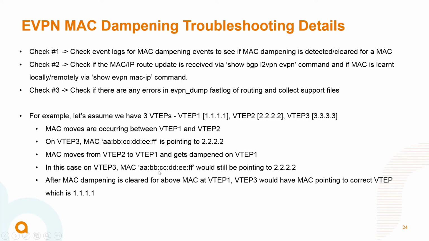On VTEP 3, this MAC would be pointing to 2.2.2.2 until the MAC dampening gets cleared at VTEP 1. After the MAC dampening gets cleared at VTEP 1, VTEP 3 would be pointing to the right VTEP. Until then it will be pointing to the older one, that is VTEP 2.